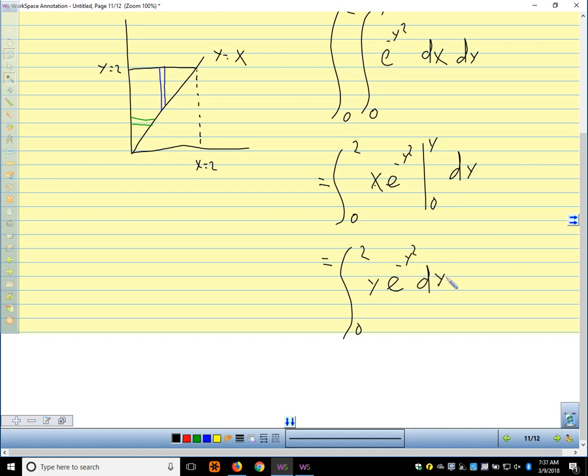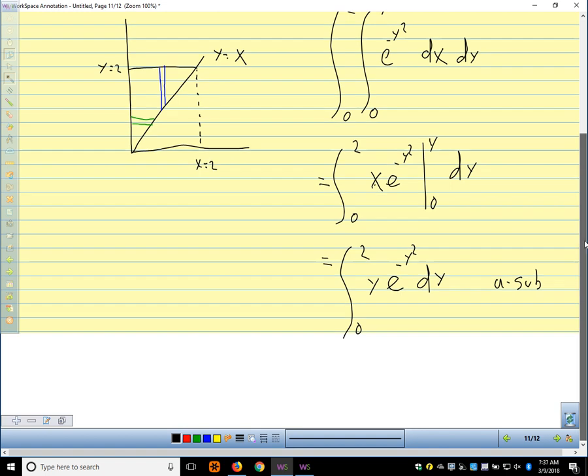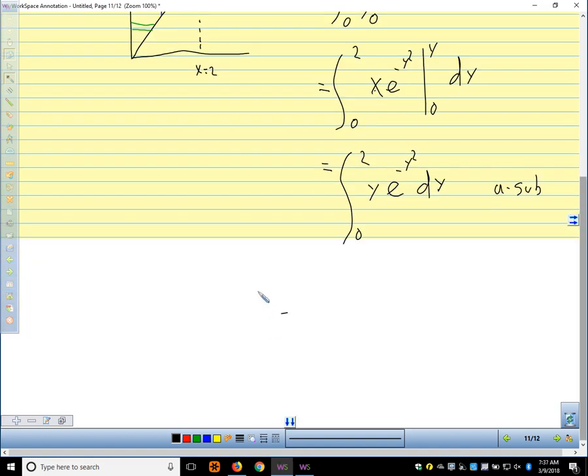And what is that? That's a u-sub. So we transformed that integral from something impossible to something easy. And this comes out to 1/2 (1 minus e to the minus 4) when we evaluate that.